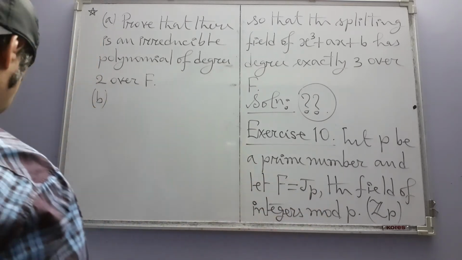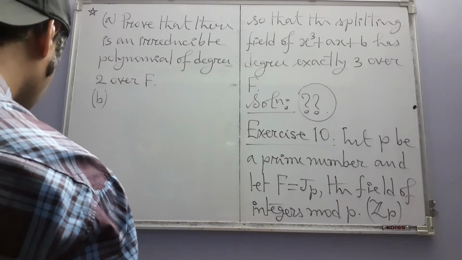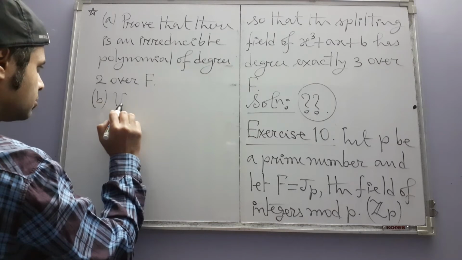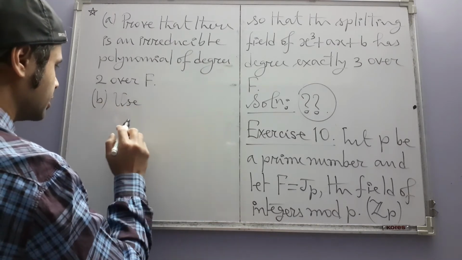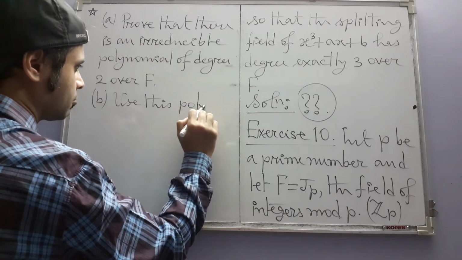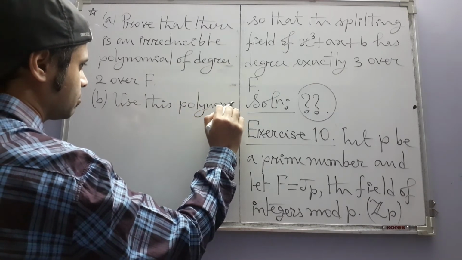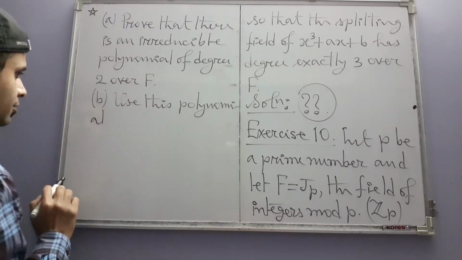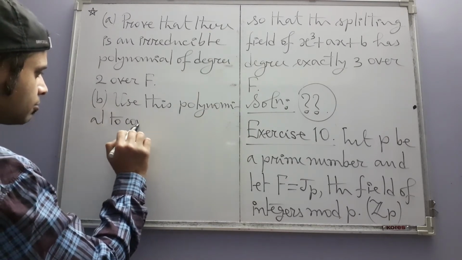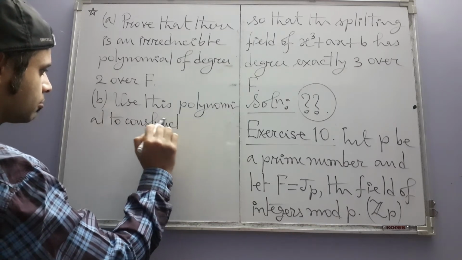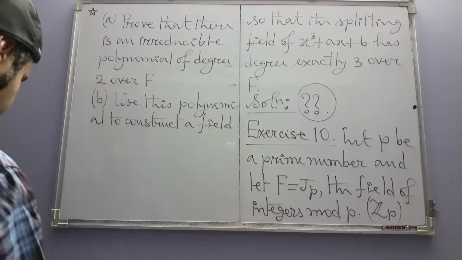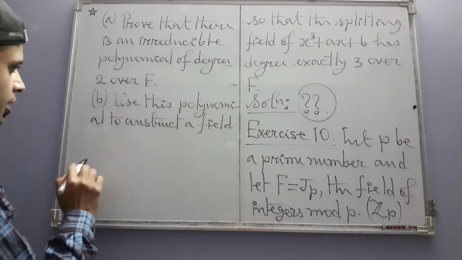B. Use this polynomial to construct a field with p square elements. This part B is straightforward, in the sense that we have already done this elsewhere.